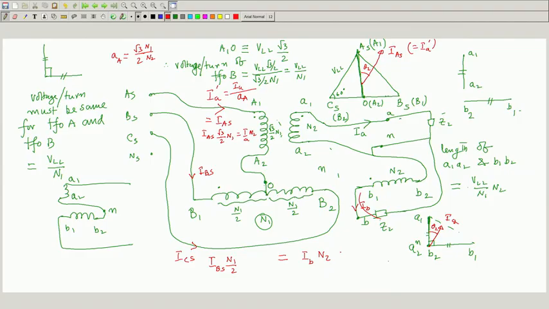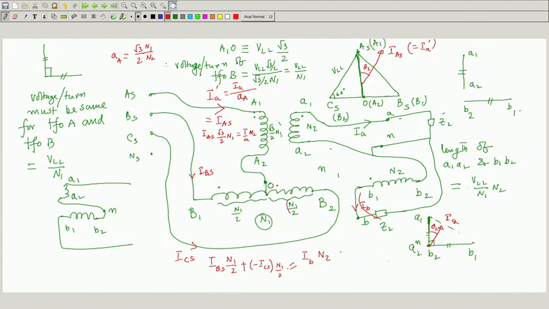But this portion is N1 by 2, and it is carrying current. See, if this is dot, this is dot. So the current flowing into the dot of this part is minus I_CS into N1 by 2, and this should be equal to I_B into N2.